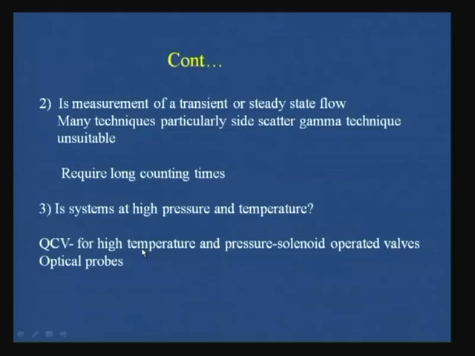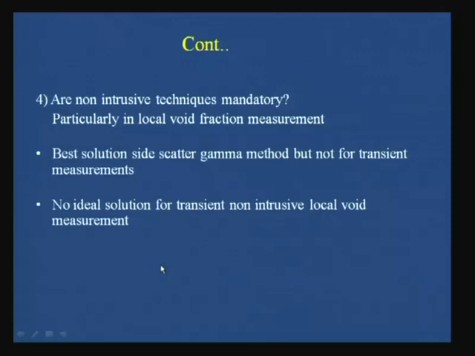For such cases, the only option is the quick closing valve technique. For high temperature and pressure, of course, we cannot use ball valves and things like that. We have to operate it from a remote distance. So, solenoid operated, electrically operated valves are the only option. Optical probes, if suitably designed, can be used for these particular purposes.